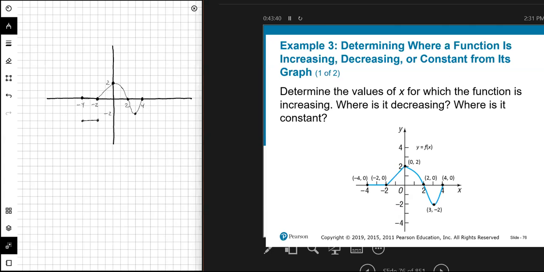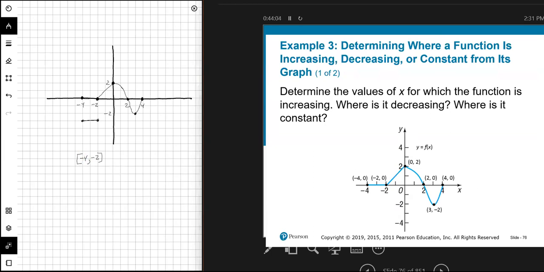All the y values are 0 along there. So it's constant. Every x value gives me the exact same y value on that interval, so on that interval it is constant. So from -4 to -2.